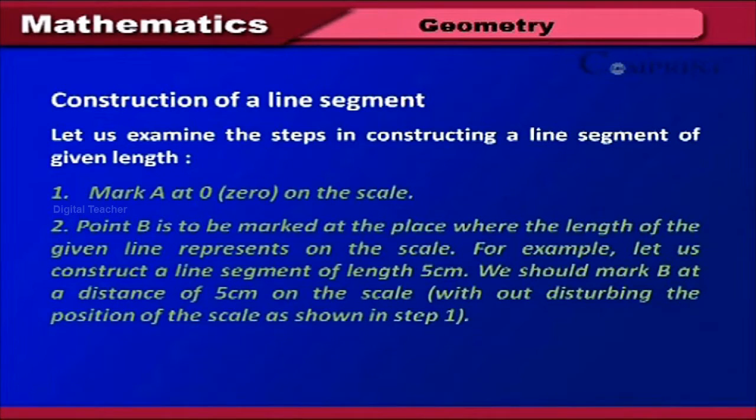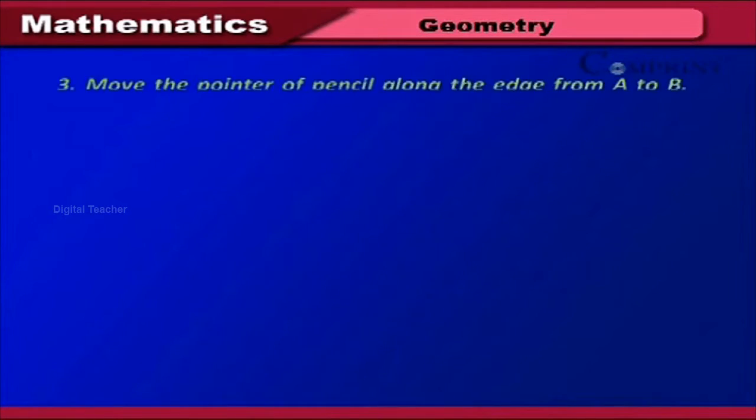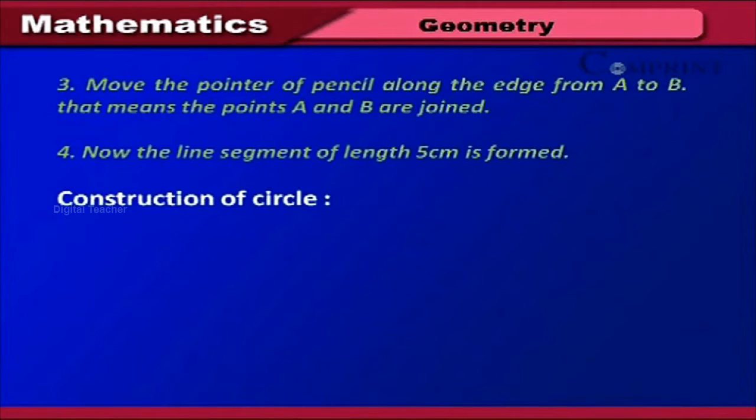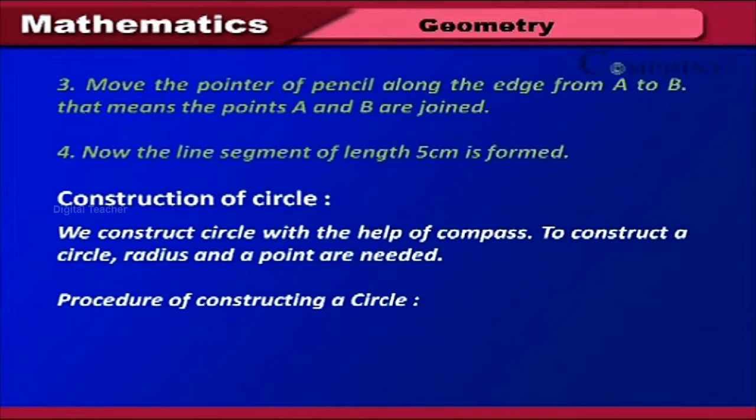We should mark B at a distance of 5 cm on the scale. 3. Move the pointer of the pencil along the edge from A to B. That means the points A and B are joined. 4. Now the line segment of length 5 cm is formed.